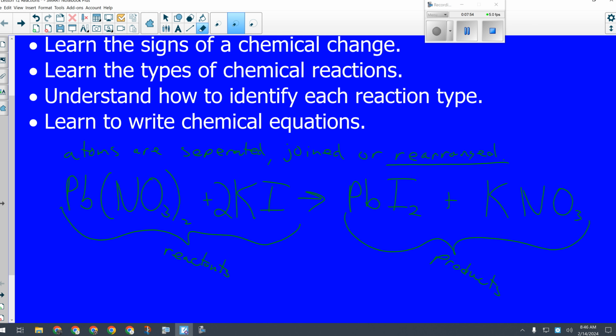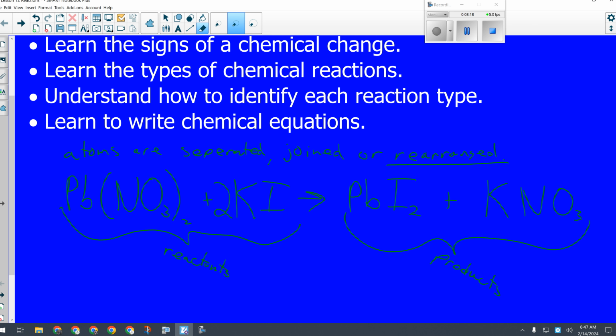Okay? Now, on this side, I have 2 iodines, because this 2 means multiply everything behind me by 2. And on this side, I have 2 iodines. So now my iodines are balanced. But what did I just do to my potassium? I made 2 on this side, but on this side I only have 1.